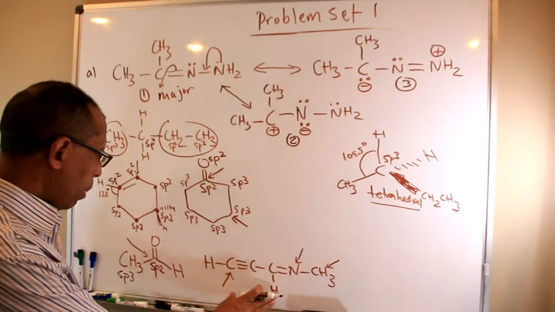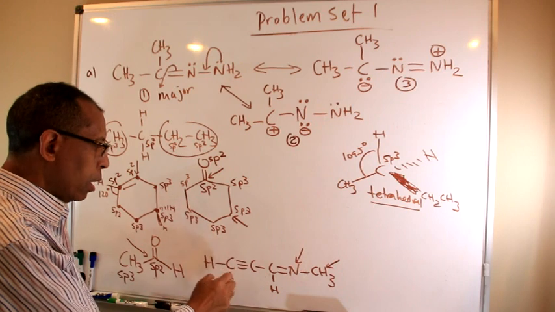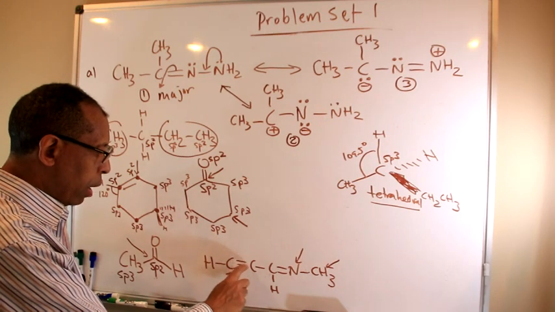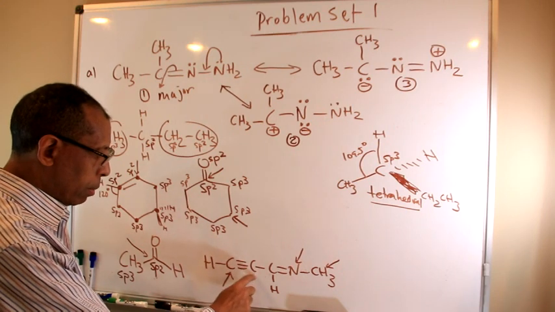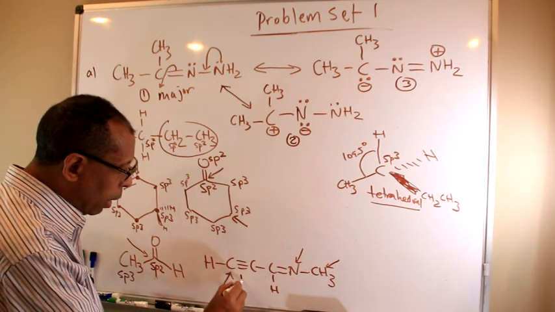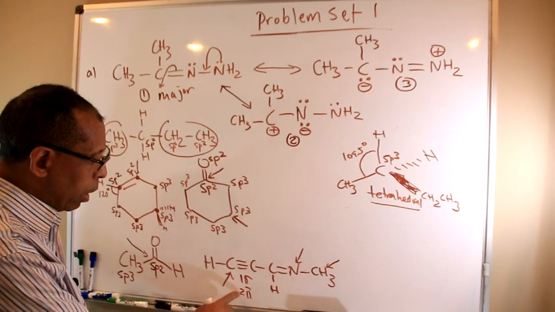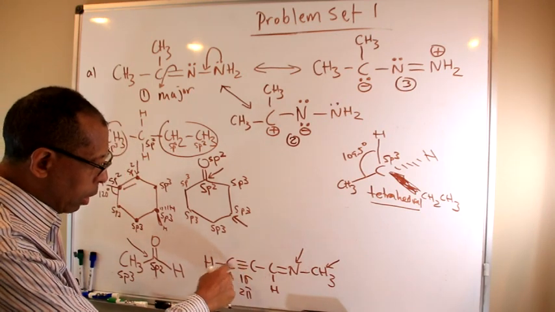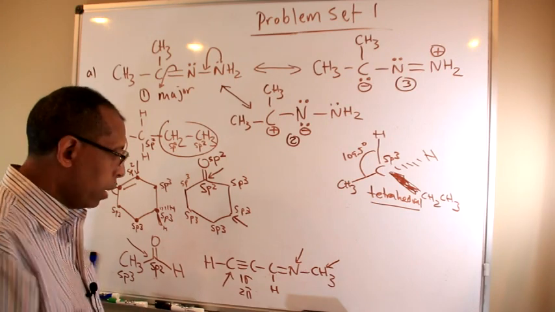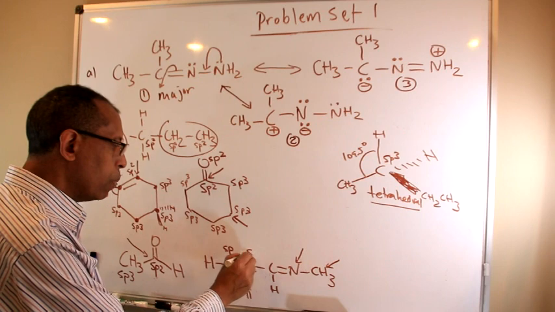Next, this compound right here has 3 bonds around a carbon-carbon bond. If you just look, this is 1 sigma and 2 pi bonds. A 1 sigma and 2 pi bonds around the carbon-carbon is a sign that you have sp hybridization.